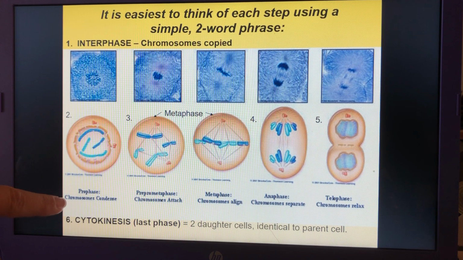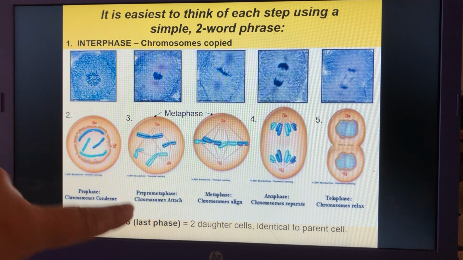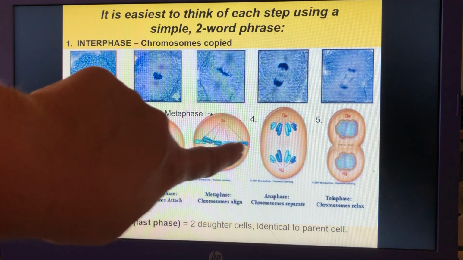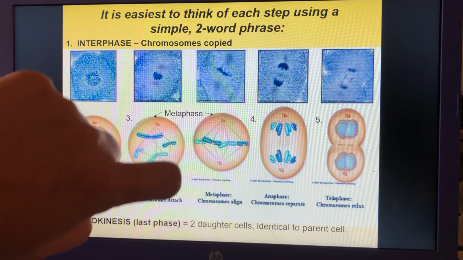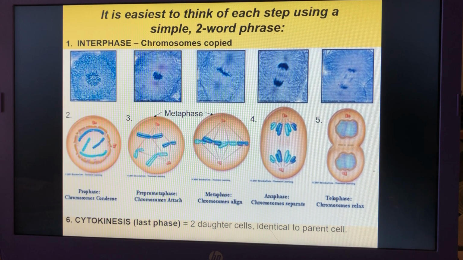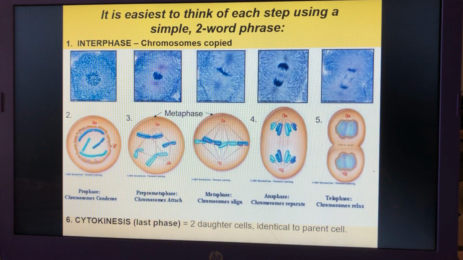In prophase, which is the first phase of mitosis, chromosomes condense. So all those chromosomes condense into chromosomes. Then we have chromosomes align in metaphase. So they're pulled together in the middle and they line up in metaphase. So chromosomes align. Then anaphase, 2 words that's easy.